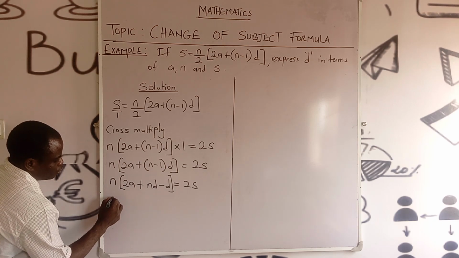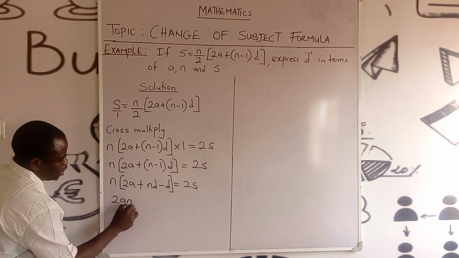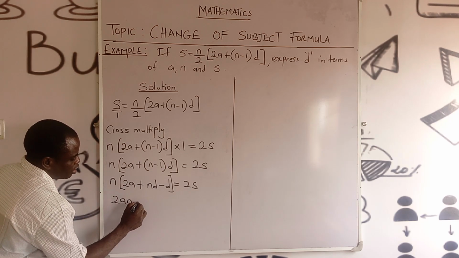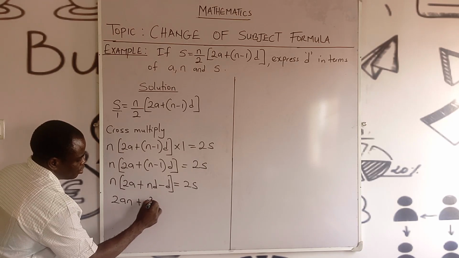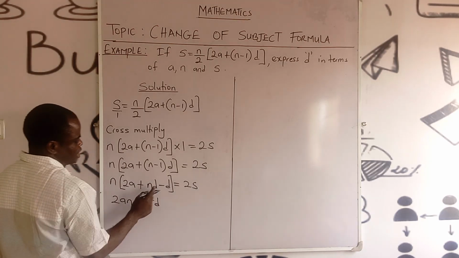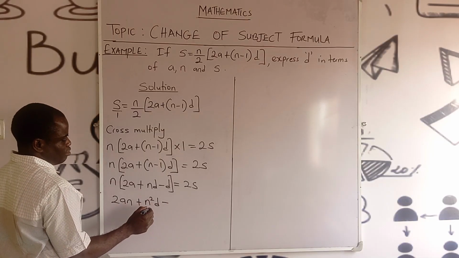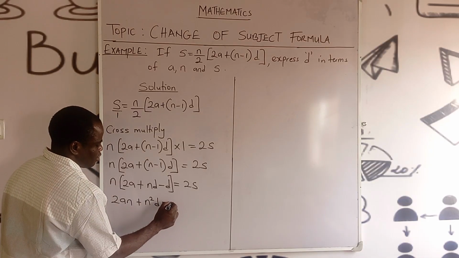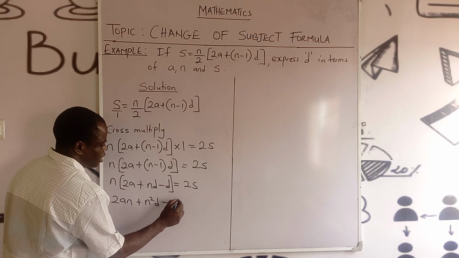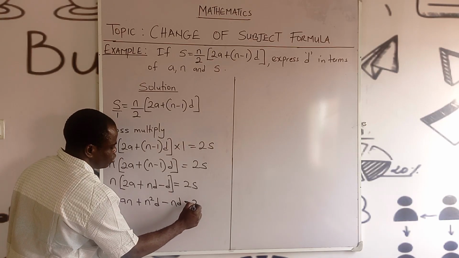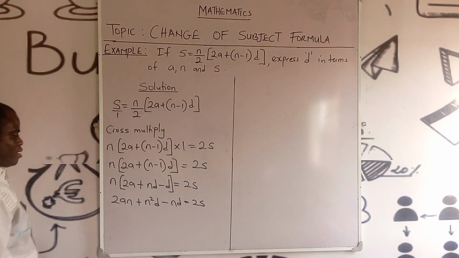Okay, now 2an, n times 2a, that's 2an, plus n squared d, n times nd, that's n squared d, minus n times minus d, that's minus nd, equals to 2s.